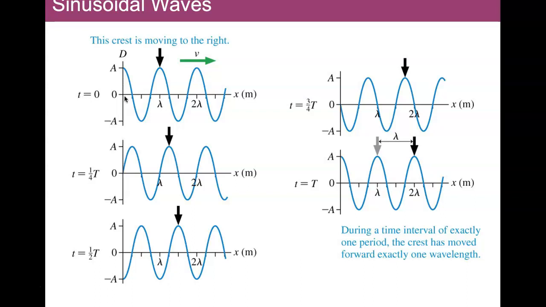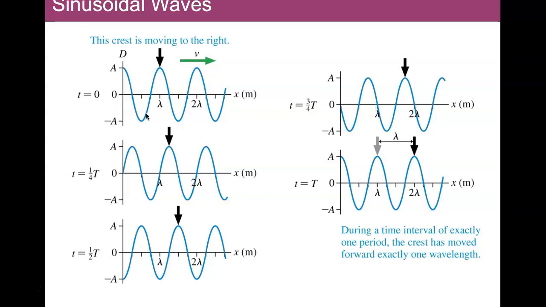And if that happens, that corresponds to a shift of the crest by lambda over 4. And then for 1/2 T, this goes from A to minus A, so the crest is going to be here. At 3/4 of T, this comes back to 0.